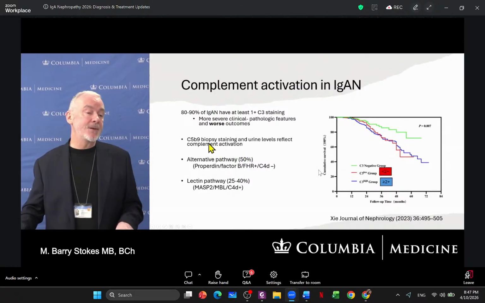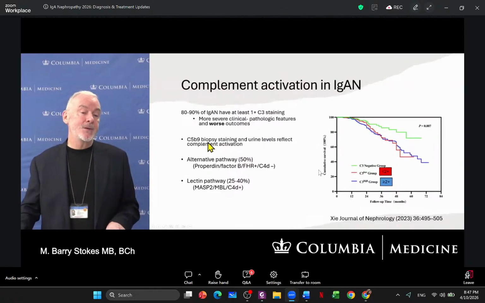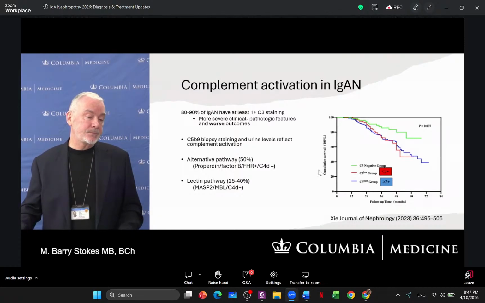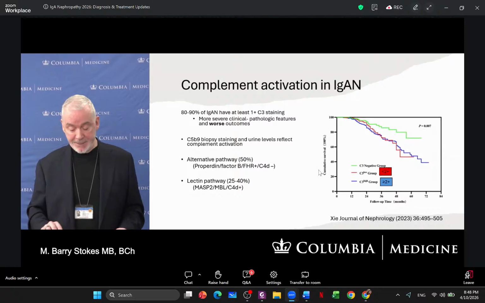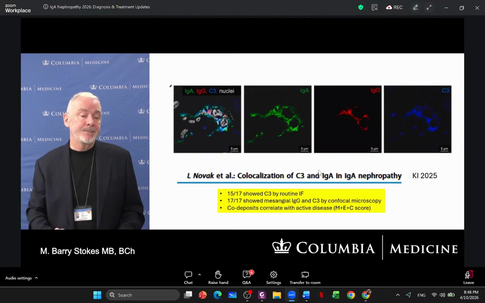So staining for C5b-9, the terminal membrane attack complex, has been performed, and also measuring urine levels of C5b-9. Those have been measured as markers of complement activation. And in the tissue, we can actually stain for some of these alternative and lectin pathway proteins, and that's seen in about half of patients, 50%.